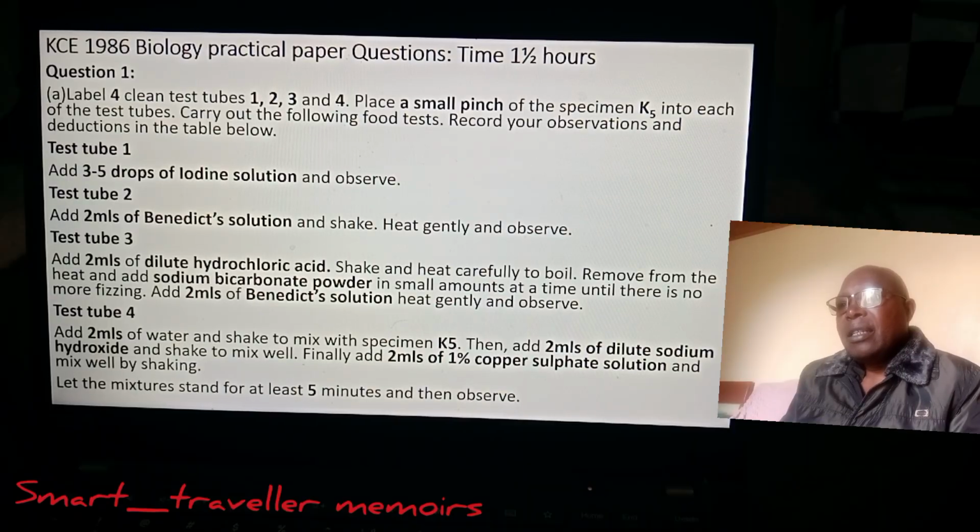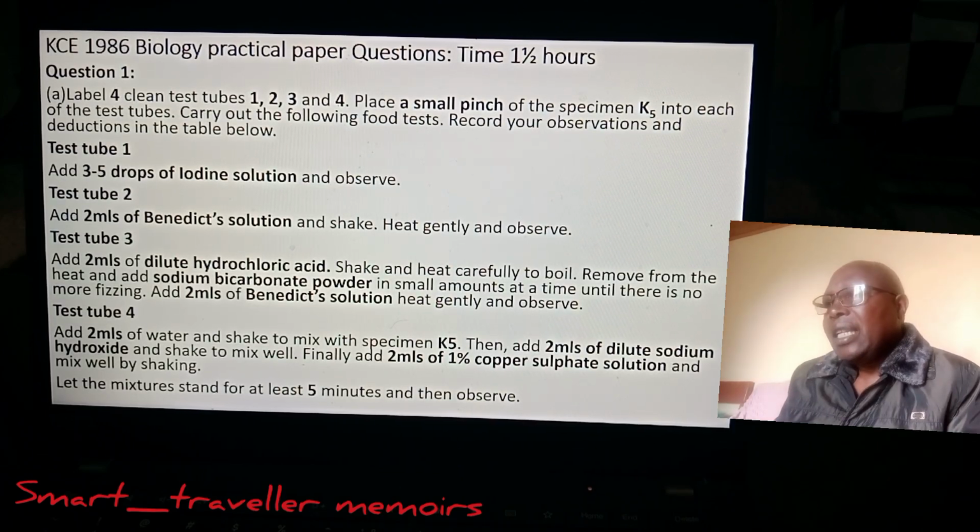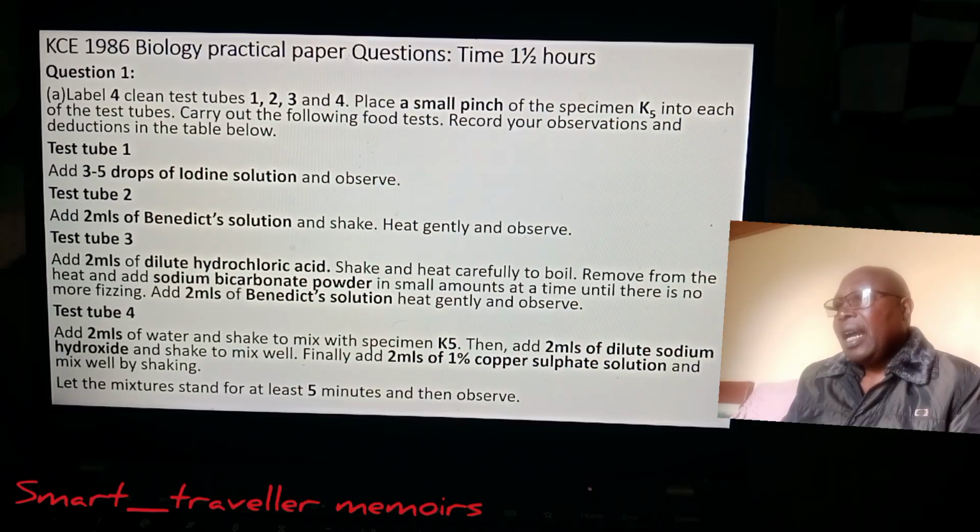Test tube 1, add 3 to 5 drops of iodine solution and observe. Test tube 2, add 2 mL of Benedict solution and shake. Heat gently and observe.